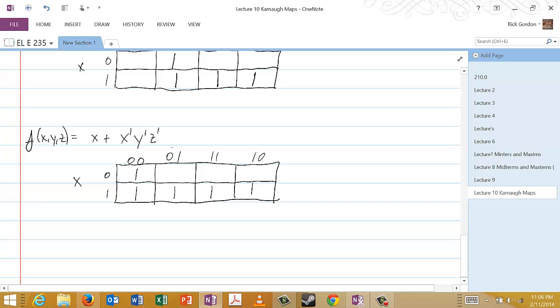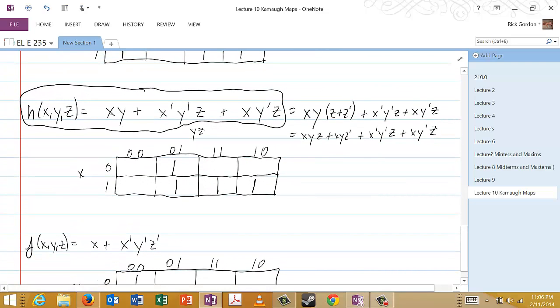And I'd like to point out one more thing to you. The shorter the term is, the bigger its representation on the Karnaugh map. What do I mean by that? Well, x is the shortest term we've seen in all these examples, and it knocked out an entire row of 1s. The next shortest term was xy, and remember, it gave us half a row.